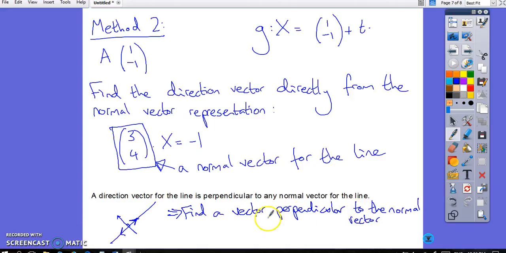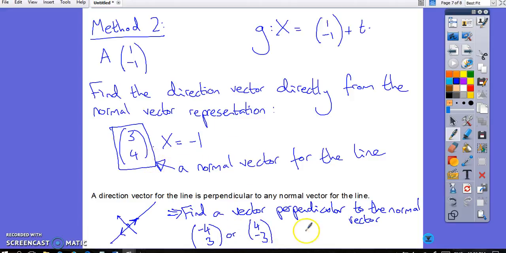And this then will be a perfectly acceptable direction vector, because any vector that's perpendicular to this one will be a direction vector for the line. To find a vector that's perpendicular to the normal vector, we need to find one for which, if we multiply it by the normal vector, the scalar product gives the answer 0. So we learned a trick where we can just flip these upside down and make one of them negative. So I could use (-4, 3), or (4, -3). If I take the scalar product of this one with this, I get 0, or if I take the scalar product of this one with this, I also get 0.